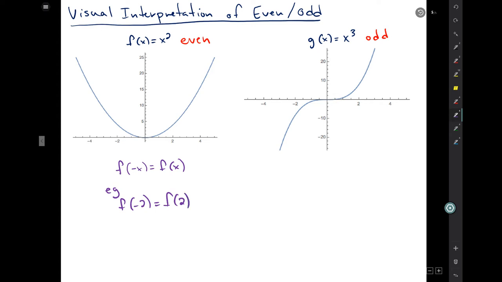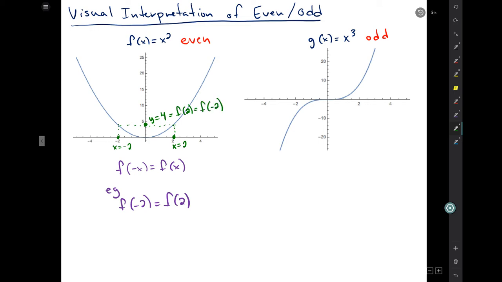So when I look at my picture and I look at x equals 2 and x equals minus 2, and I look at the values of the function, they're both 4. So this is y equals 4, and this is f of 2, and it's f of negative 2.